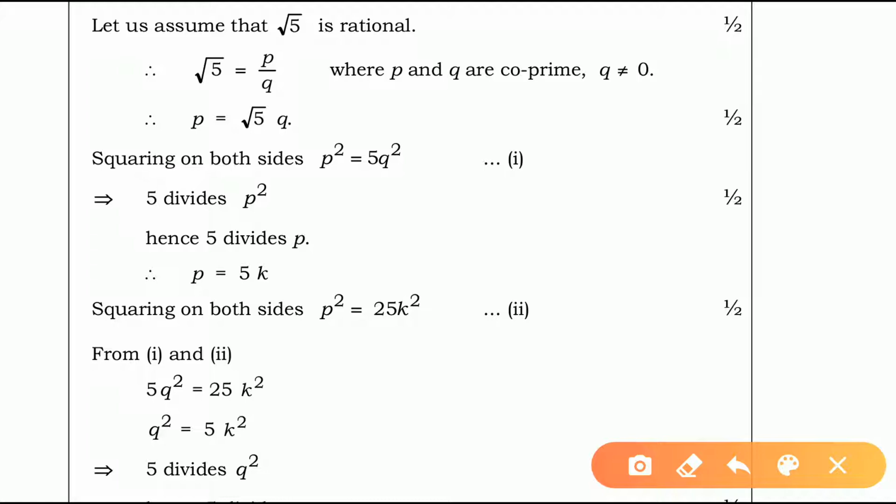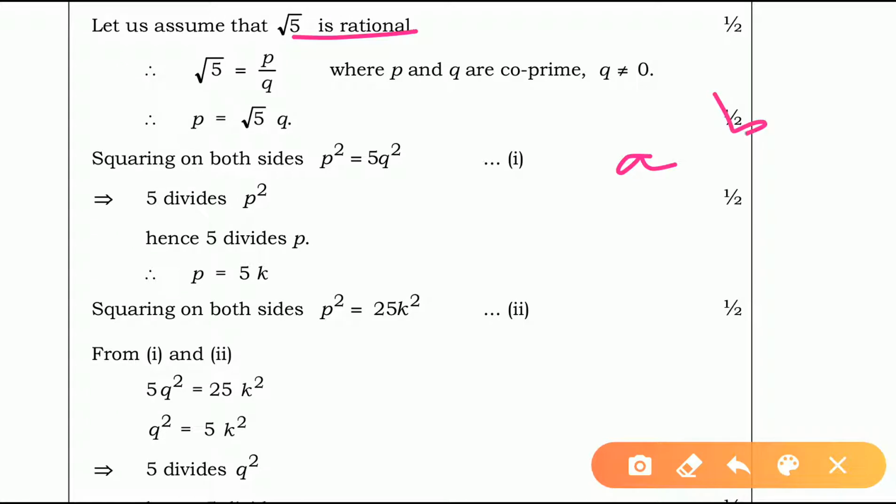Here we consider root 5 is equal to p by q, where p, q are co-prime, q is not equal to 0.